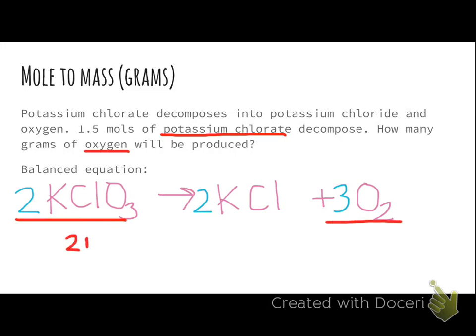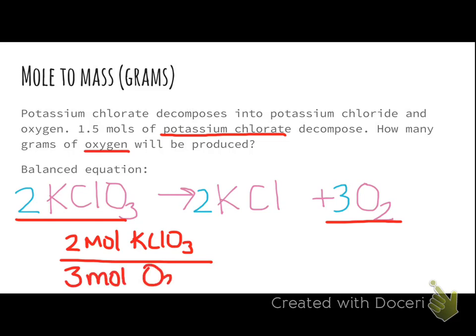So that's 2 moles of KClO3, 3 moles of O2. So remember this ratio. And remember, it can also be flipped depending on what we need here.